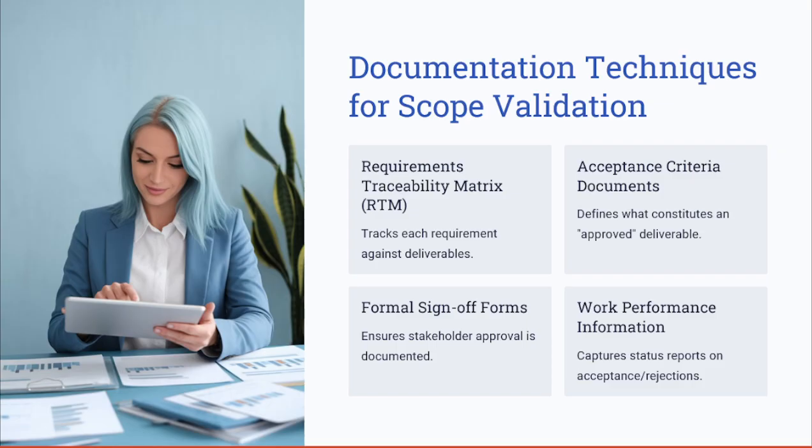Also, you have the acceptance criteria document, which is a very important document to map the deliverables to their acceptance criteria. These acceptance criteria define what the approved deliverable looks like.